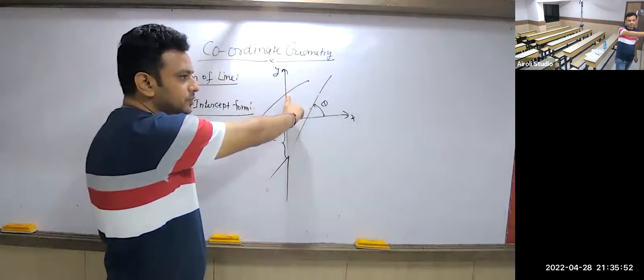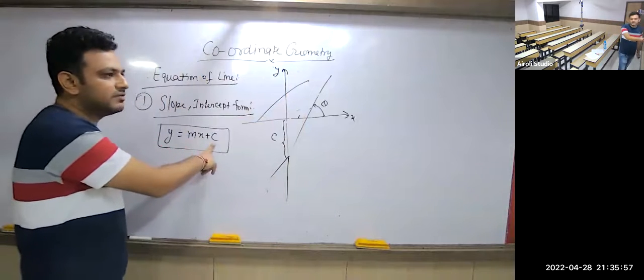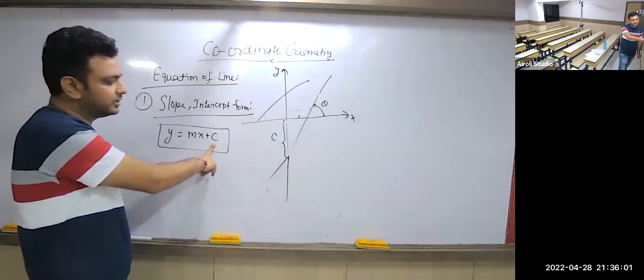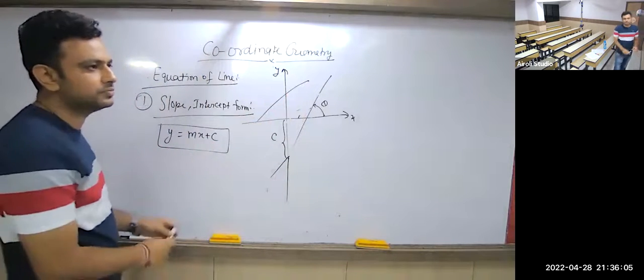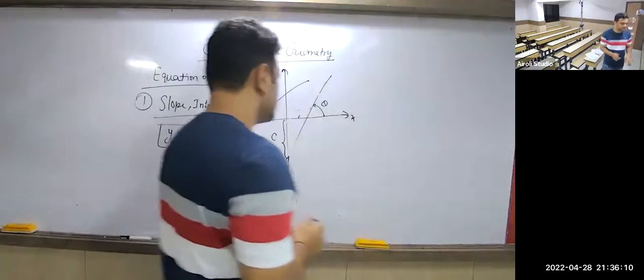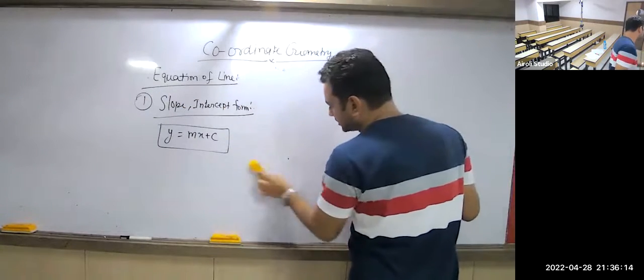Got it? So m represents the slope of the line and c represents the intercept formed by the line with the y-axis. Got it? Clear? Gaurav? Yes. Okay, if I'm drawing one line on the Cartesian plane.